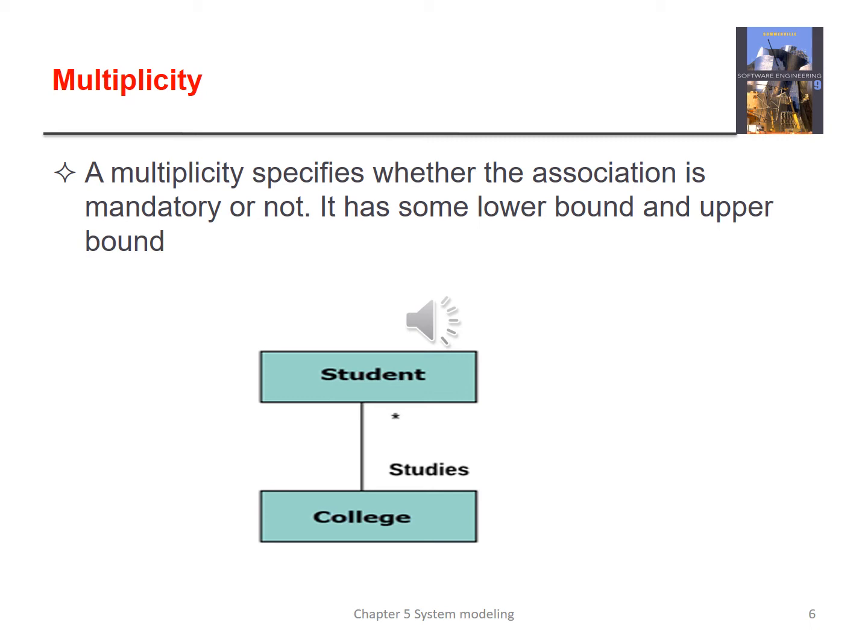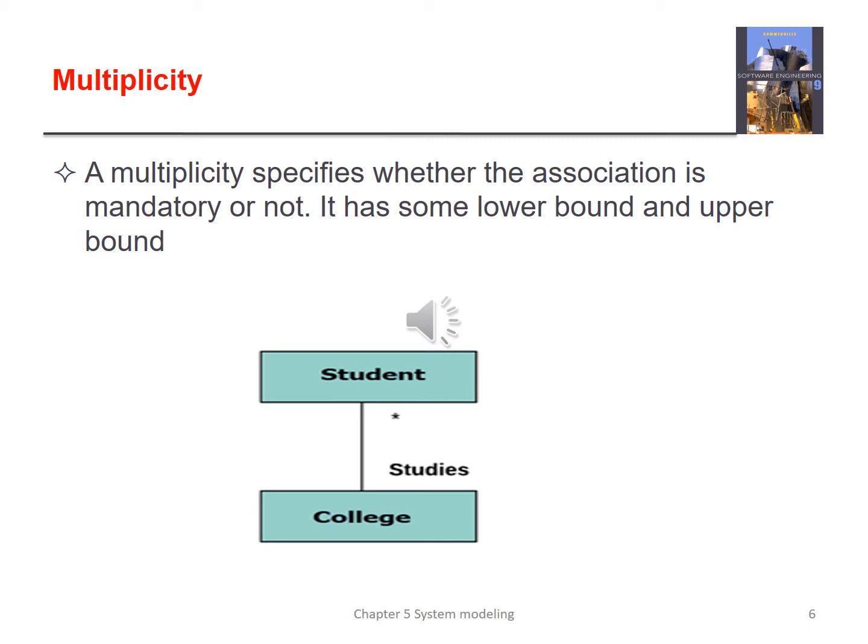For example, for an airline company, the fleet of planes: one fleet may include multiple airplanes, while one commercial airplane may contain zero to many passengers. Multiplicity specifies whether the association is mandatory or not. It has some lower bound and upper bound.